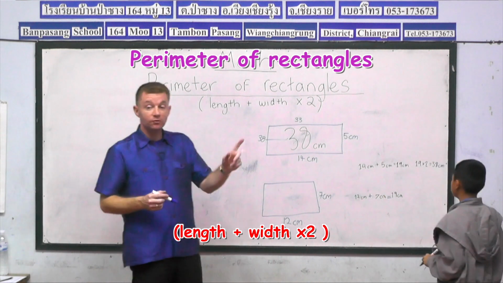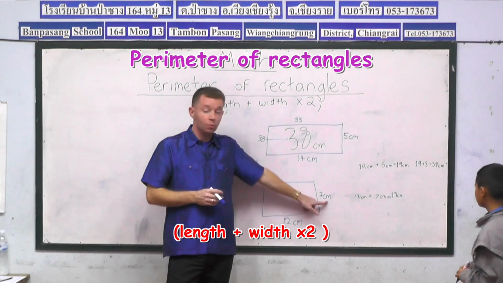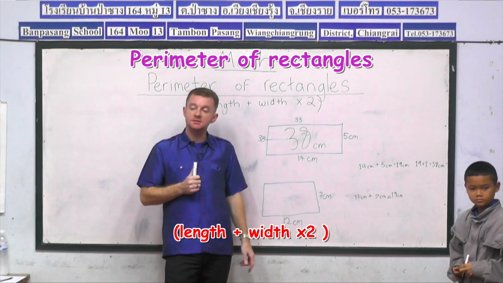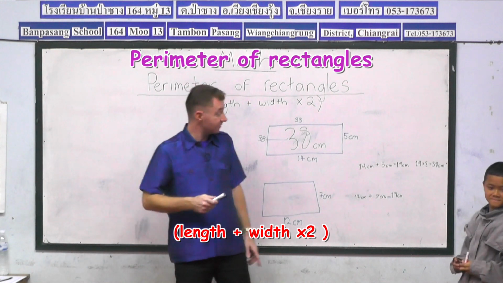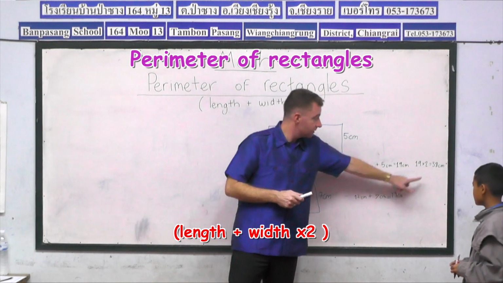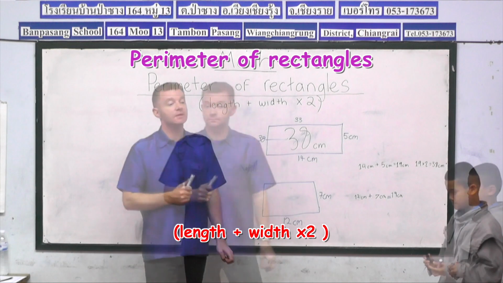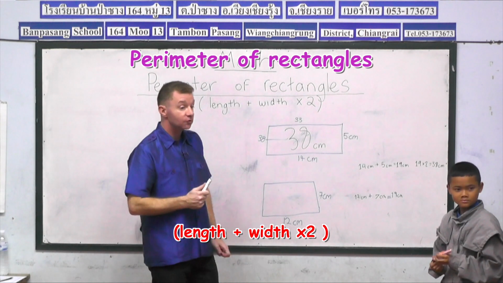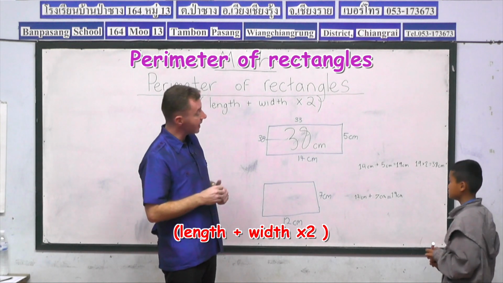Okay, so now we've got the answer to the length plus the width. But what do we need to do next, guys? Times it by 2. So 19 times by 2. 38 again.